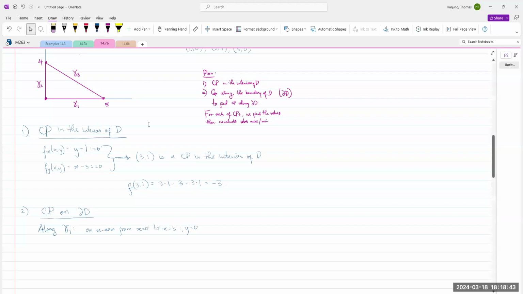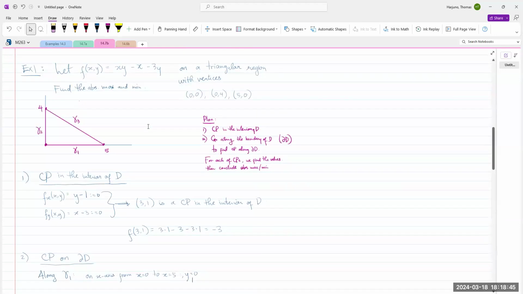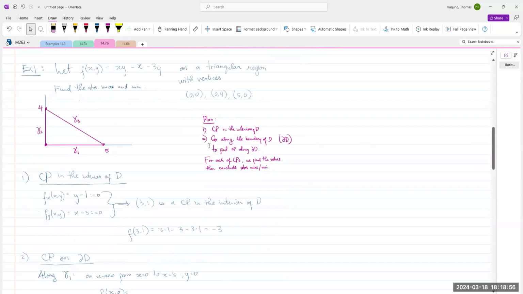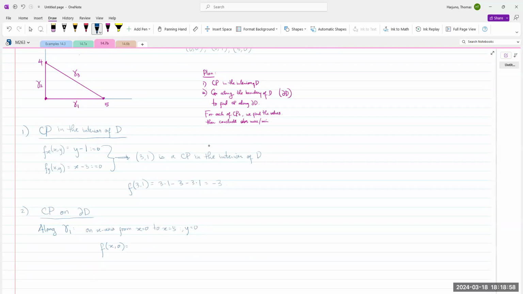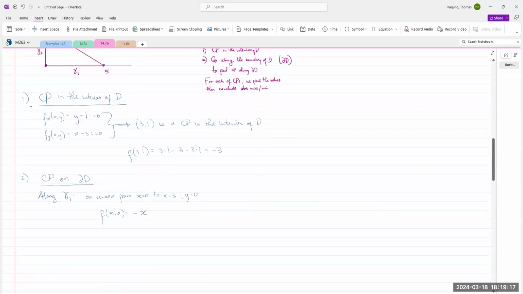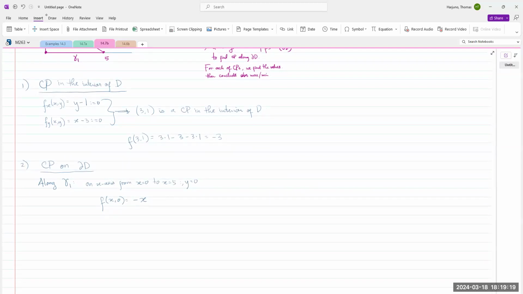Now, because y equals 0, the function f(x,0) now becomes a single variable function, f(x) only. That will be what? When y equals 0, then I get negative x. Compare it to the original function. When you plug in y equals 0, what happened? You get negative x only, right? Okay, now we know this is decreasing.